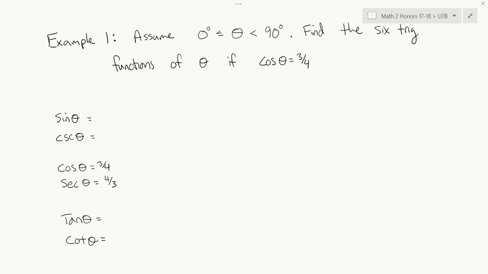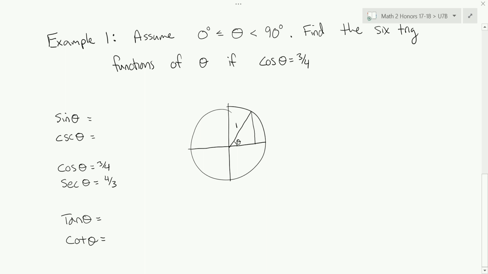Well, let's draw out what we know with the cosine. I'm going to work with the unit circle, just to tie this in with what we were doing yesterday. Working in quadrant 1, I'm going to draw a triangle in quadrant 1. We don't know what the angle is. Let's call that theta. But what we said yesterday is that in the unit circle, the radius of that circle is 1, so the hypotenuse here is 1.